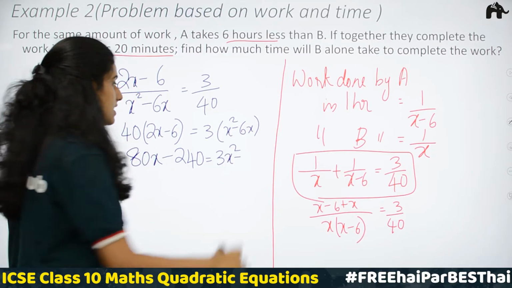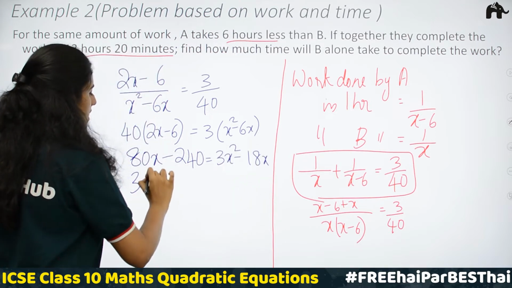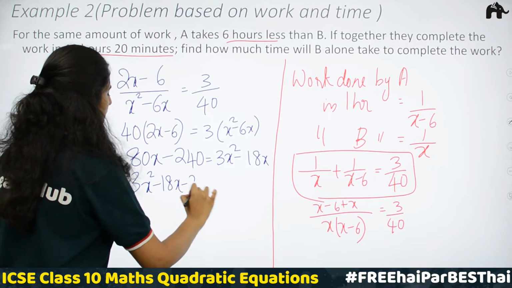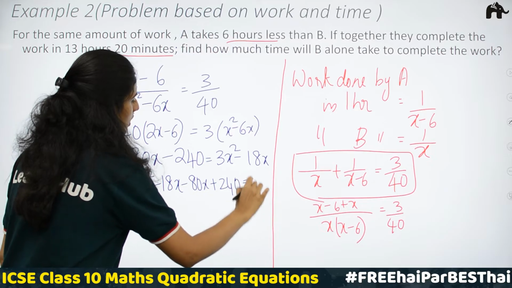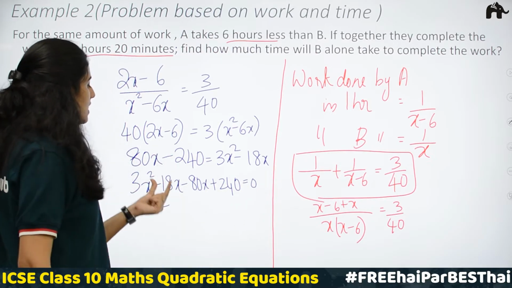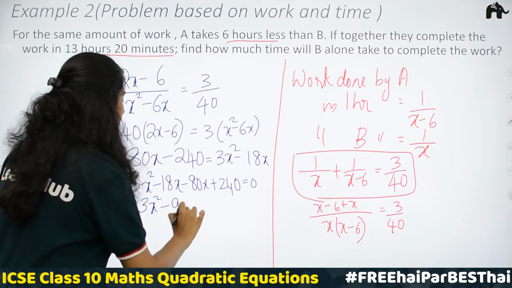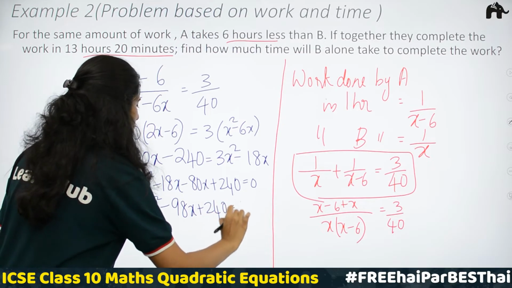That is 40 into 2x is 80x minus 40 into 6 is 240 is equal to 3x square minus 3 into 6, 18x. That is, the equation becomes 3x square minus 18x minus 80x plus 240 is equal to 0, or 3x square minus 98x plus 240 is equal to 0.